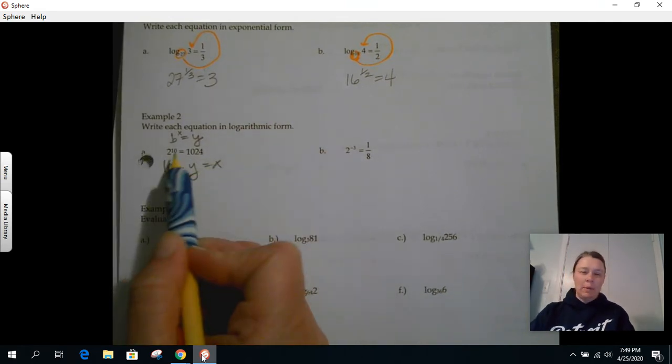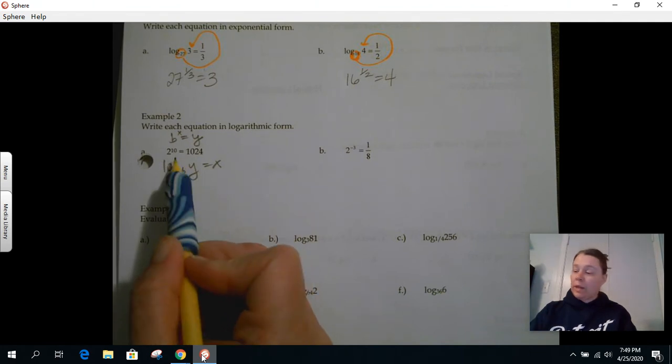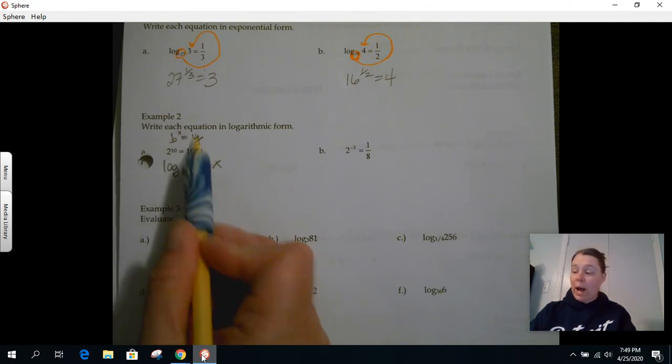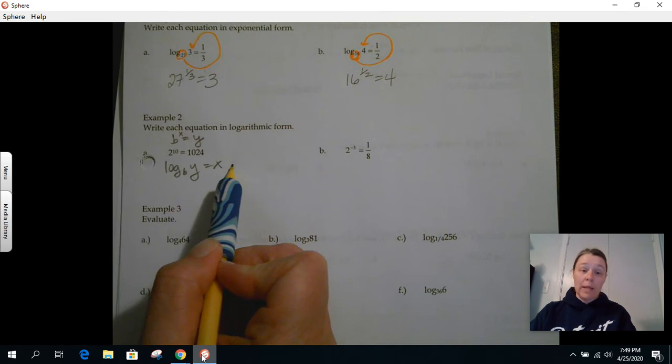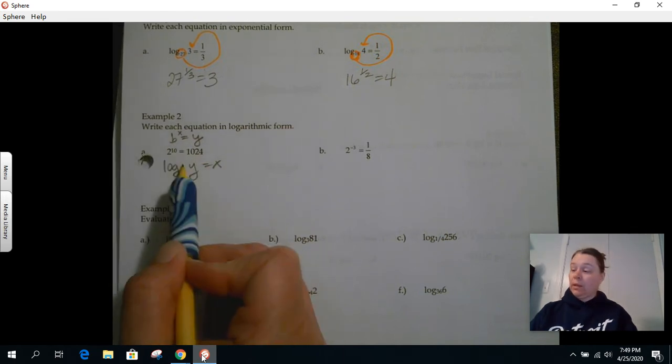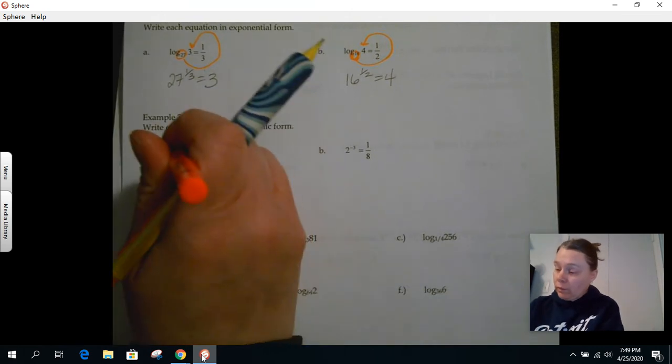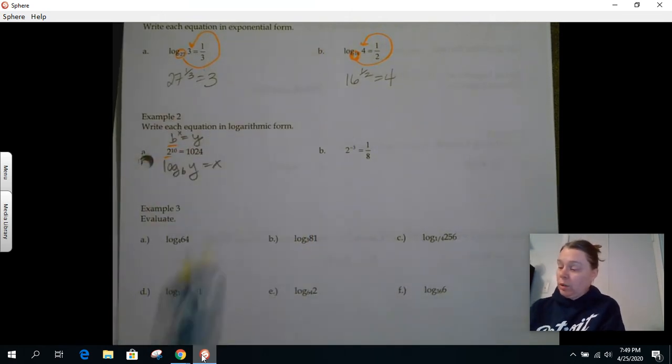Sometimes people have a harder time going this way. If we rethink of this as b to the x equals y, and then I want to rewrite it in this log base b of y equals x form, in the spot of the b, I have 2.